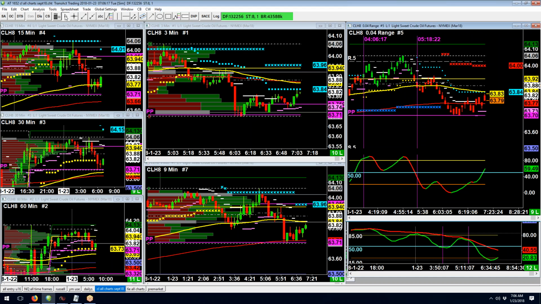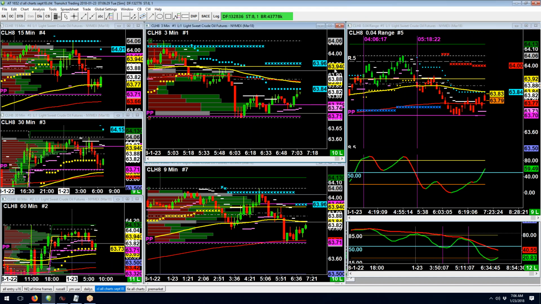There's a couple expensive systems out there that look like that's all they're using is a super trend stop. I'm not going to mention any names, but you might want to give this a shot, and it might sound familiar once you start looking at your charts with the super trend stop here.